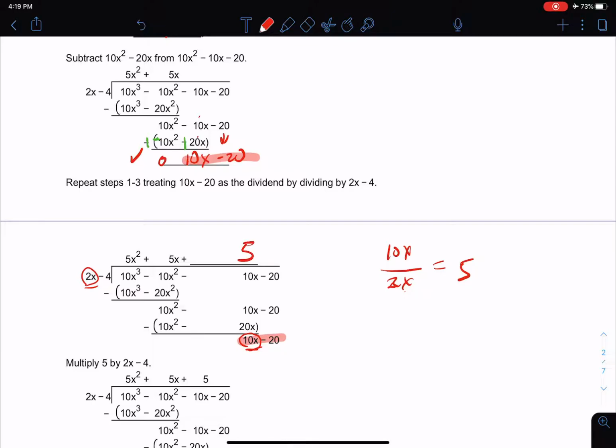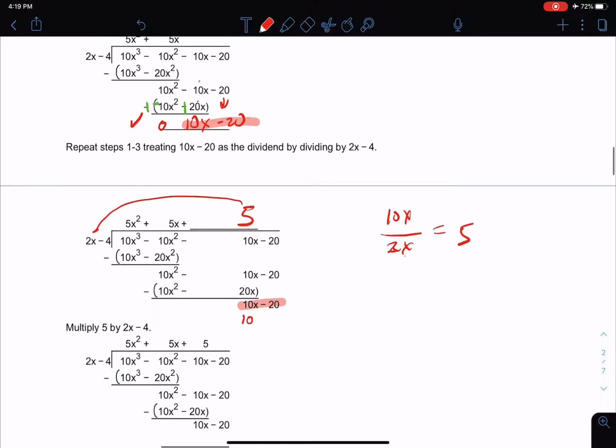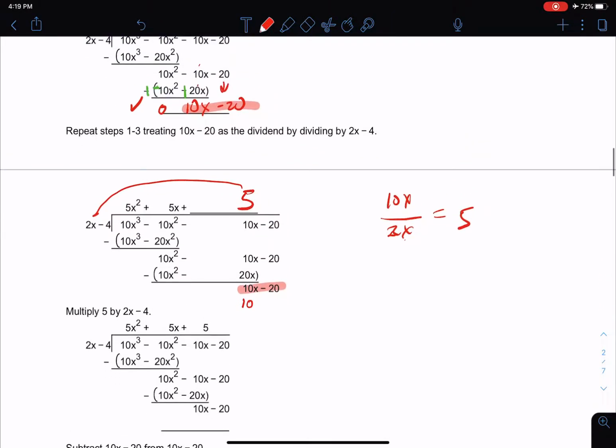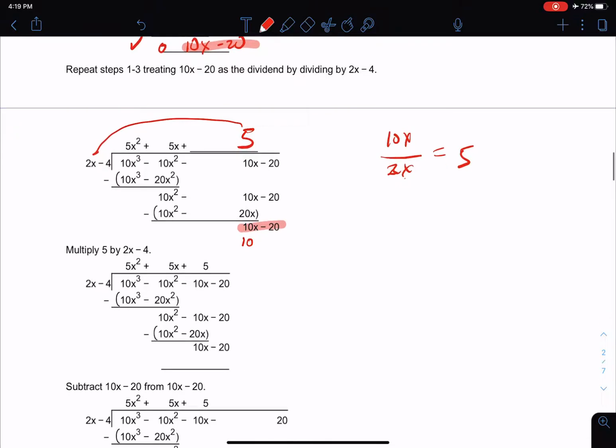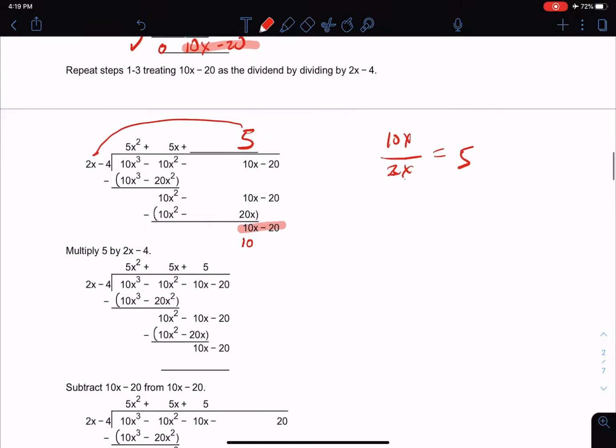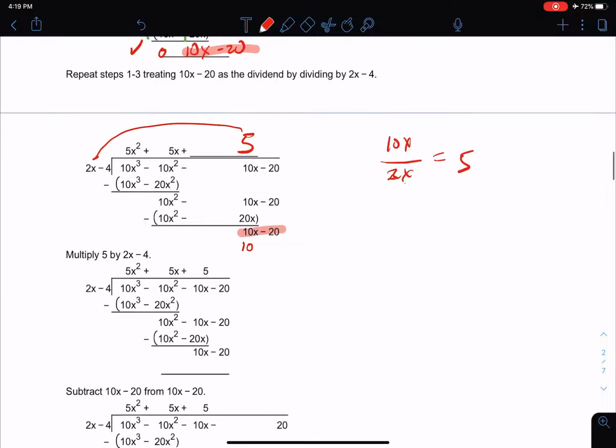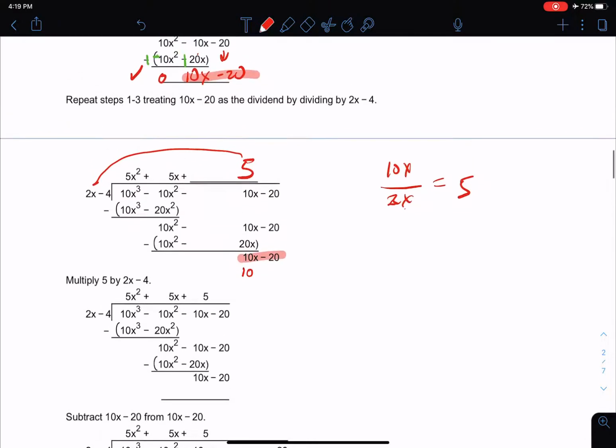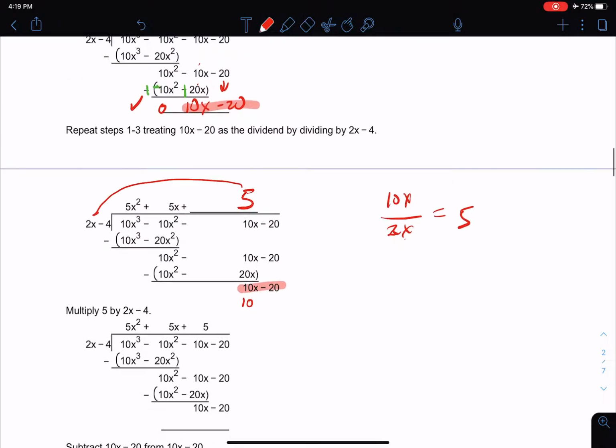And now our next step, right? Next step, what we have to do is we have to distribute. Well, actually, that's what they're going to do down here. Okay, now let's show it. Okay, this step was just to write the 5 up there.